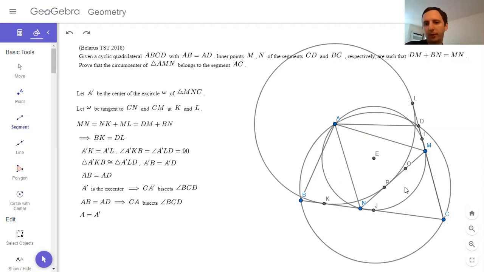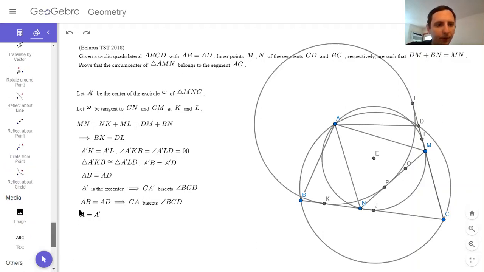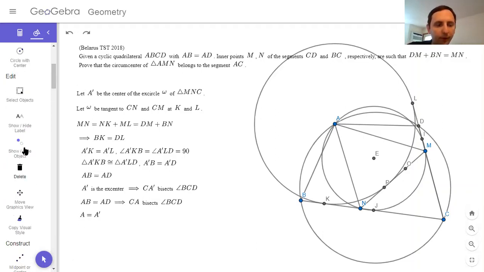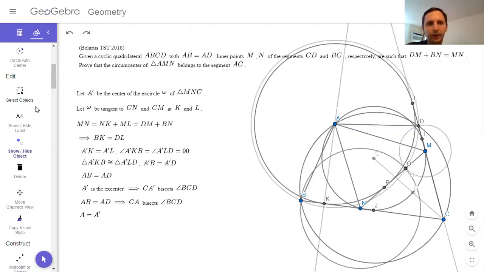So, I mean, basically I think it's just the in-center, excenter lemma. Yeah, isn't it? Because basically, if you just look at triangle MNC, A is the excenter, then we could draw the in-center, and they both lie on a circle. So basically, if we hide point E for a second, I was way overthinking this.